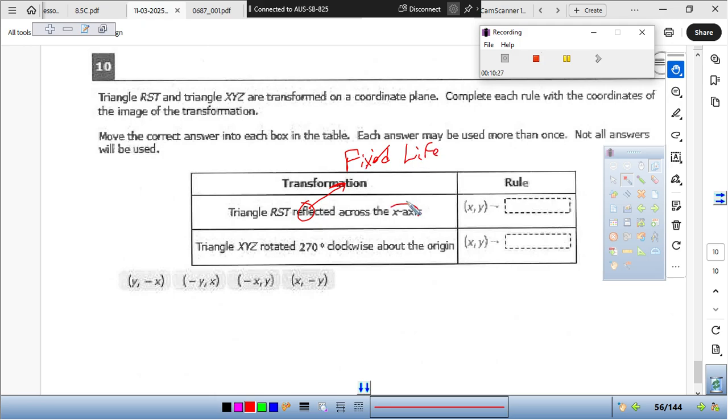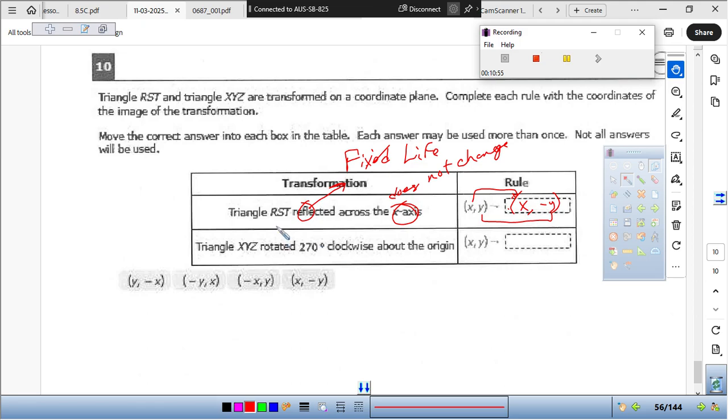Since they mentioned the x, it does not change, does not move. It stays exactly the way it is. Originally I have an x in the first spot, and it stays in the first spot. Then the y's become negative y.